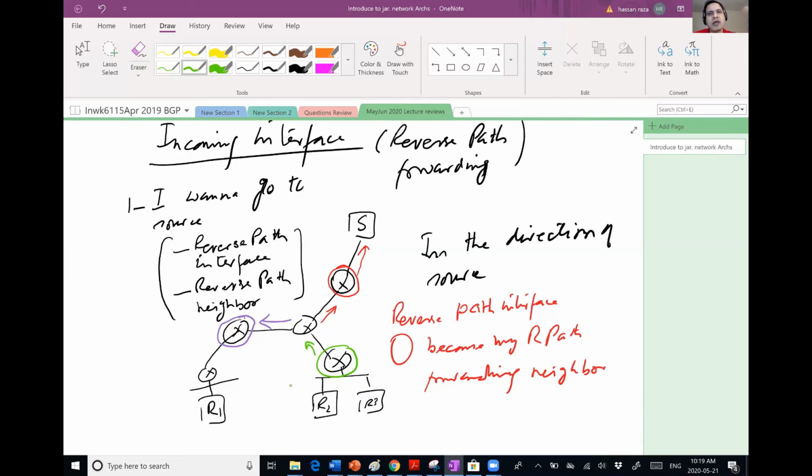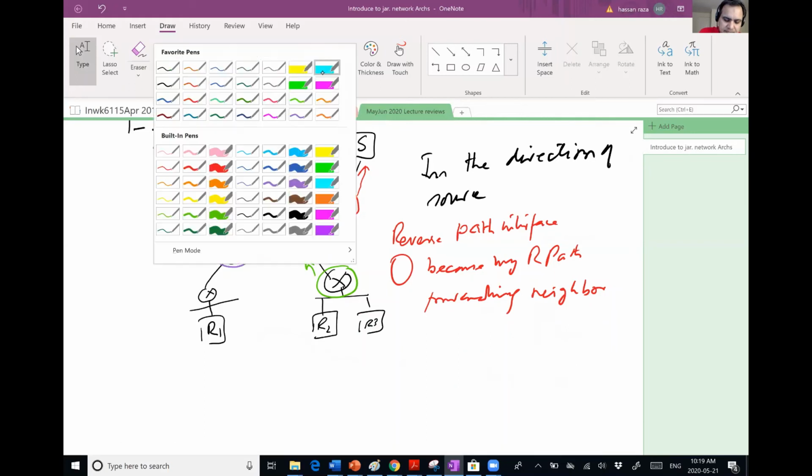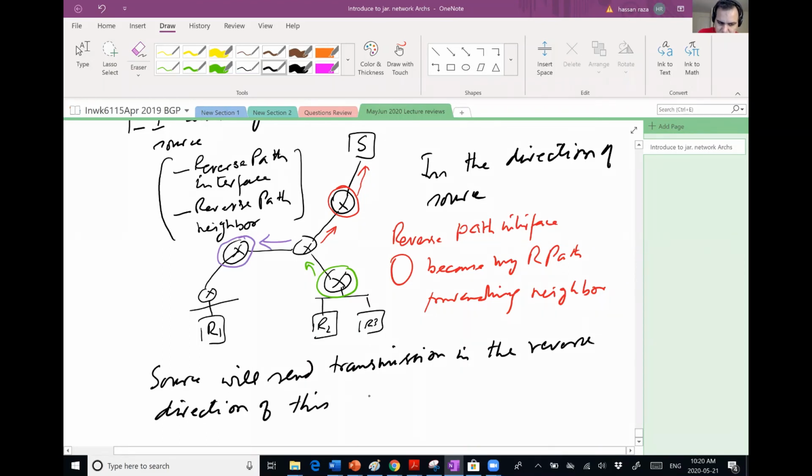Now, if source has to send you something, source will send the transmission in the reverse direction of this exploration.